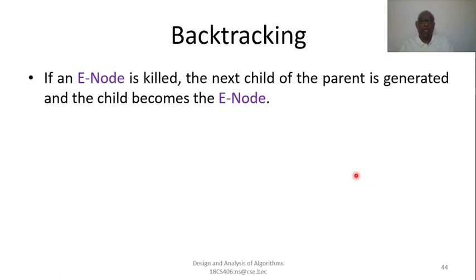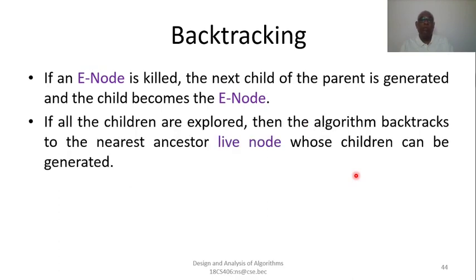If an E node is killed, the next child of the parent is generated, and the next child generated becomes the E node. That's what you have witnessed in the solution of the 4-queen problem using backtracking. If all the children are explored at a level, then the algorithm backtracks to the nearest ancestor live node whose children can be generated next.